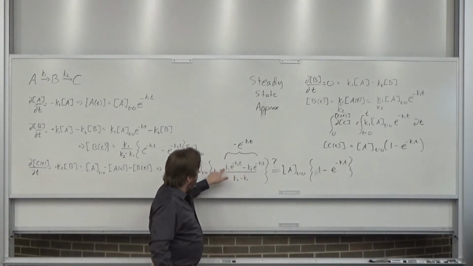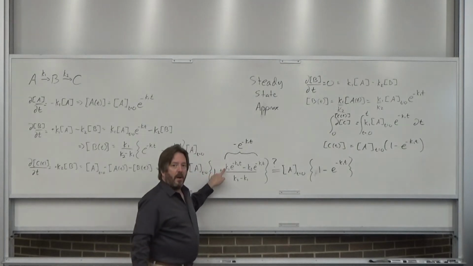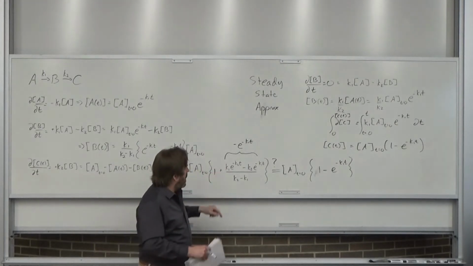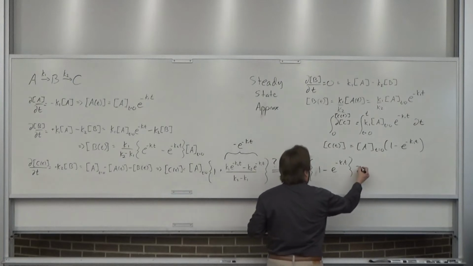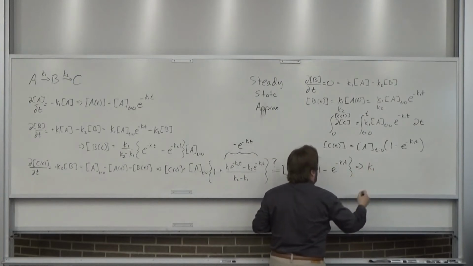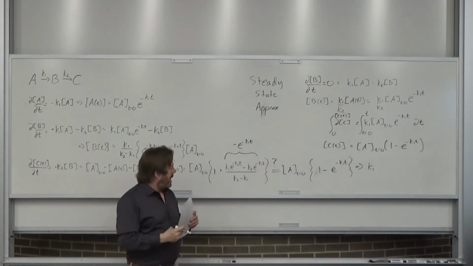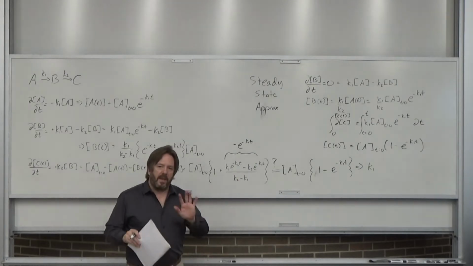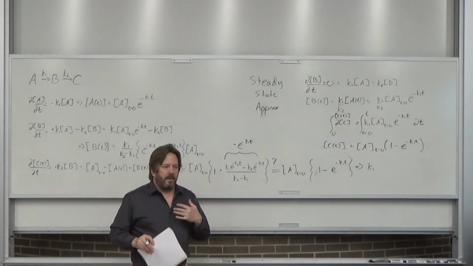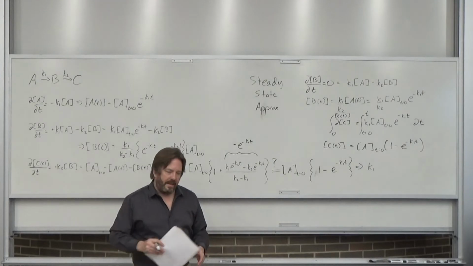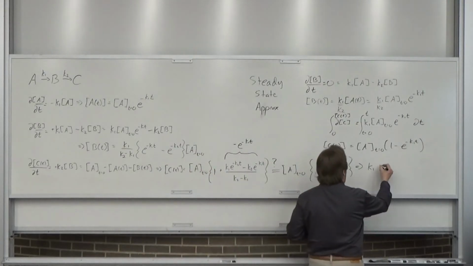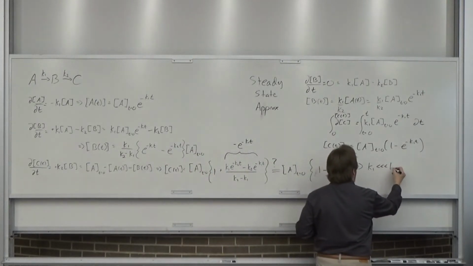So that means I want k1 to be basically 0. Therefore, k1 would basically be 0, and k2 would not be 0. Okay, there's a better, more logical way to say that. k1 is way less than k2.